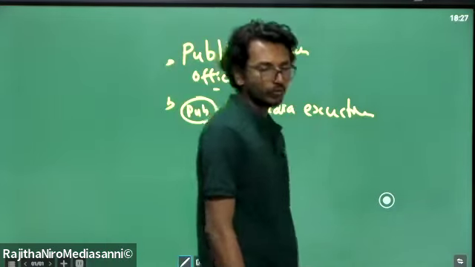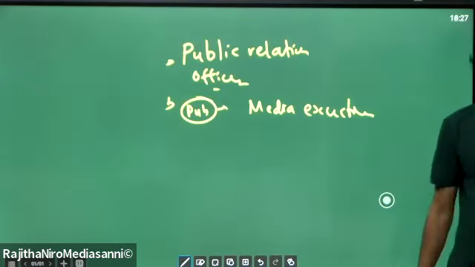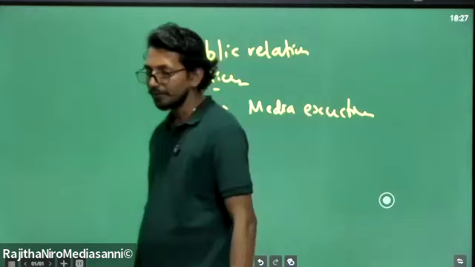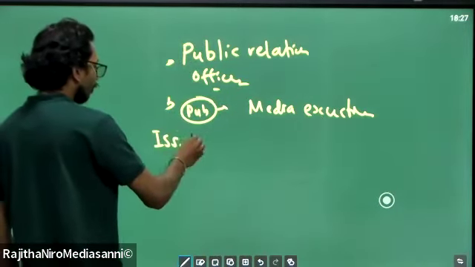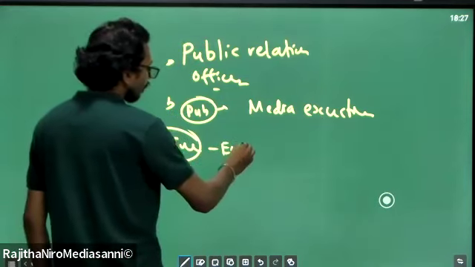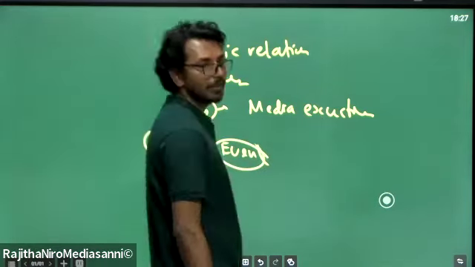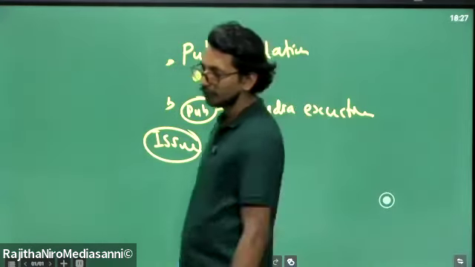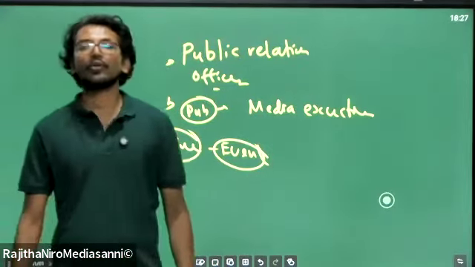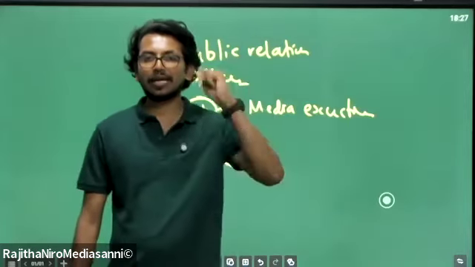Media officer and media executive both have the same idea. But these two characters we will discuss next week, and the last part of this lesson, issue management. Event management and issue management we will discuss next week, next Friday at 4:45.